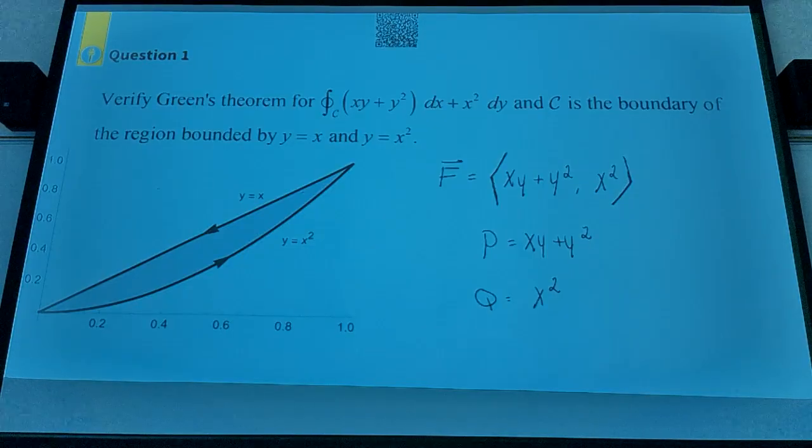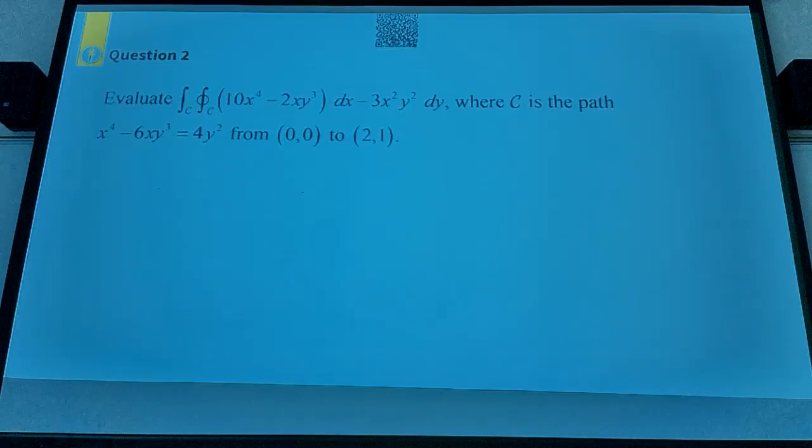Oh, something's wrong there. That looks better.